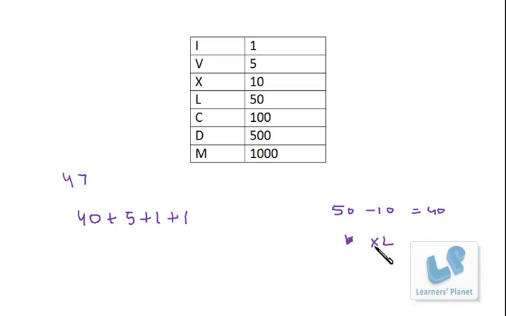So the representation of 40 is XL. Since L is bigger in value and X is written on the left side of it, this number will represent 50 minus 10, 40. So for 40 we can write X and L. For 5 we can write V. For 1 we can write I and then I. So it's X, L, V, I, I.